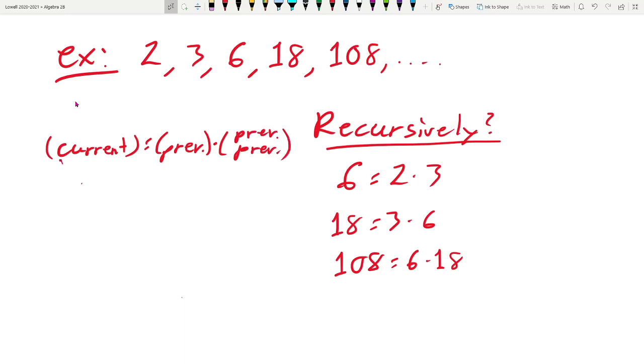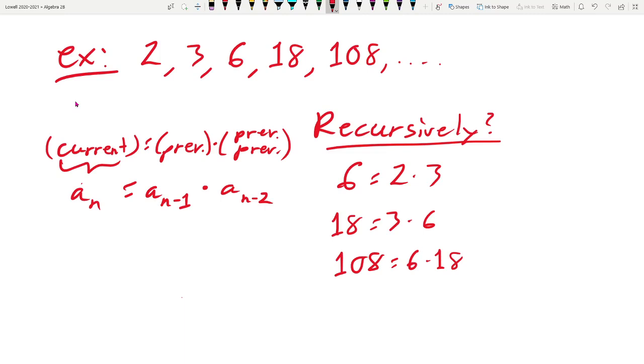Notationally, well, let's see, if this is a sub n, then the one that came before that was a sub n minus 1. And the one that came before that will be a sub n minus 1 minus 1, or a sub n minus 2. Right?